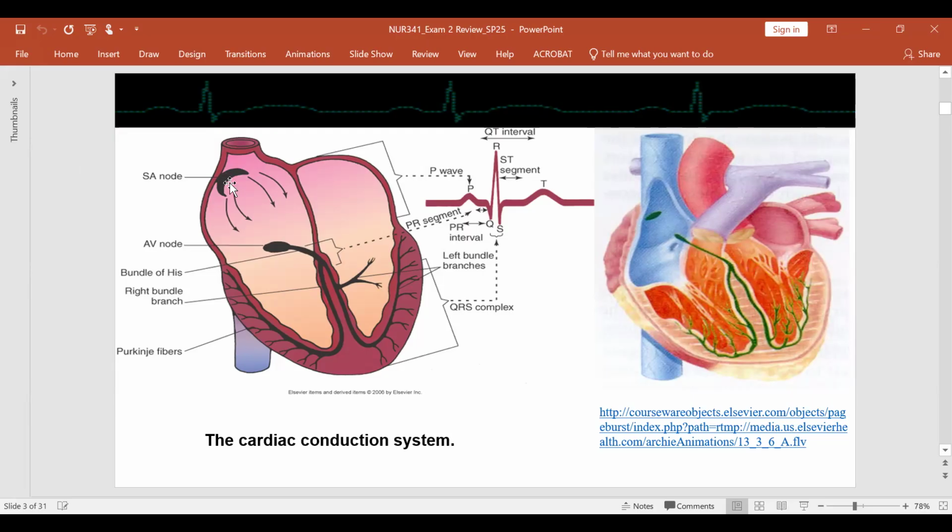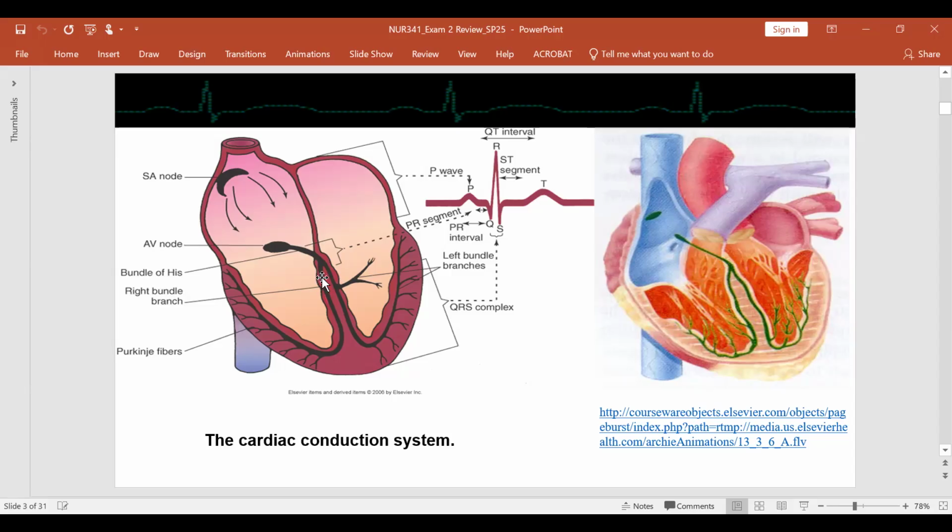So the SA node is going to fire the impulse to stimulate the atria and ventricles, and it results in atrial contraction, with blood emptied into the ventricles. So the impulse then travels down to the AV node and then to the rest of the conduction system, the bundle of His and the Purkinje fibers.